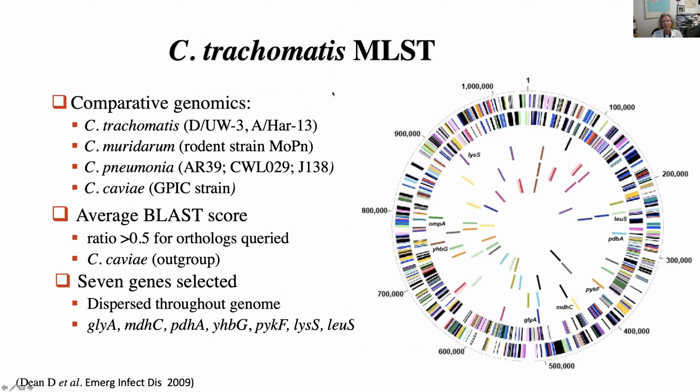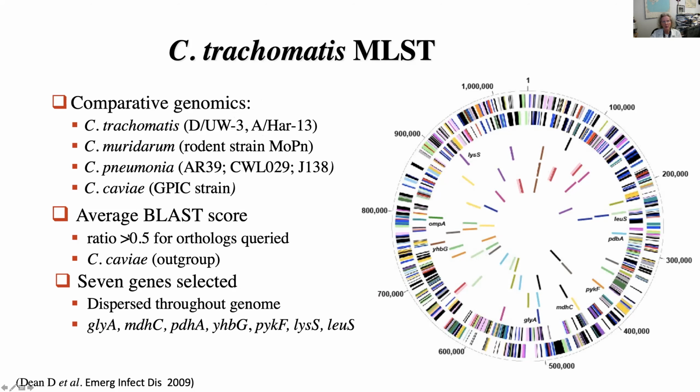So what did we do with our scheme? Well, this was quite some time ago, and what we wanted to do was use genomes from a different species so we could develop an MLST that could be used not just for Chlamydia trachomatis, but also other species of the organism. But at the time, only under a dozen genomes were available.